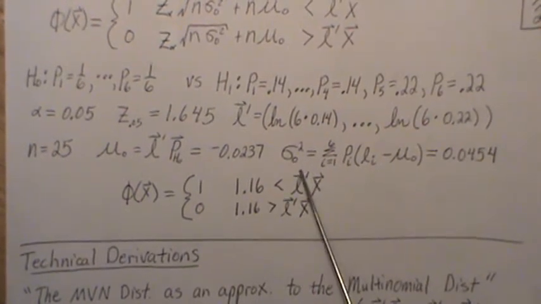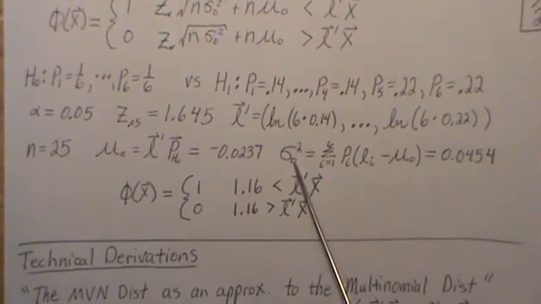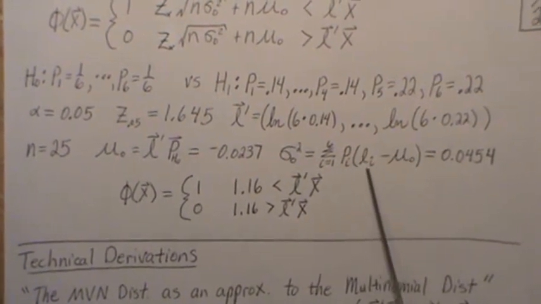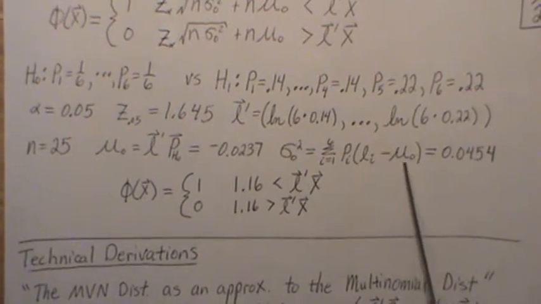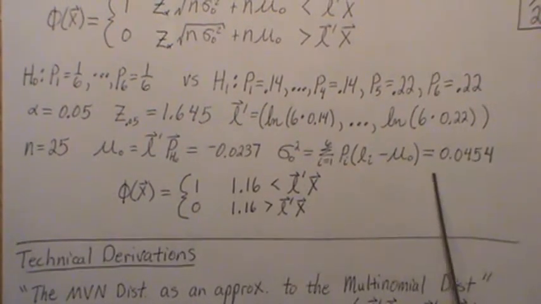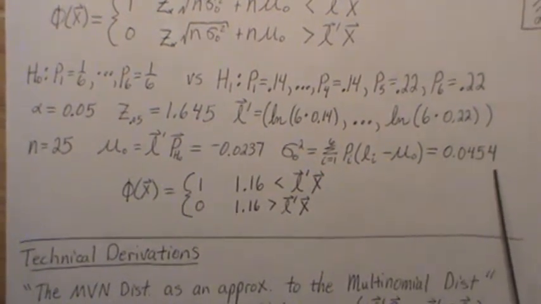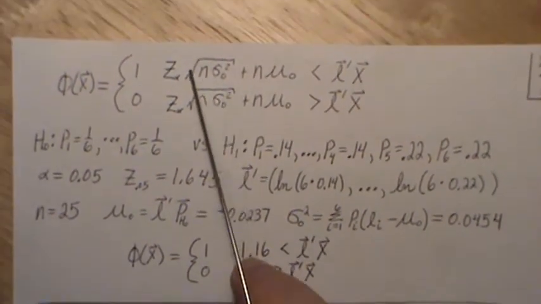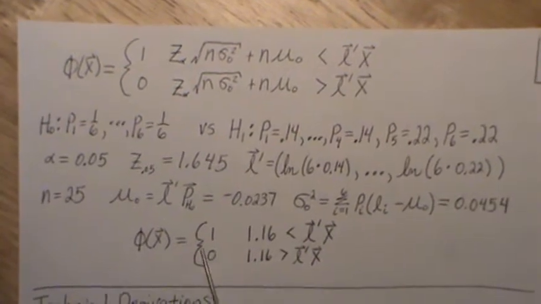The variance, so sigma 0 squared, is this formula. It's the sum of the pi times the Li minus mu squared. And actually we'll prove this. That's 0.0459, and then you plug those values into here, and this is our test.